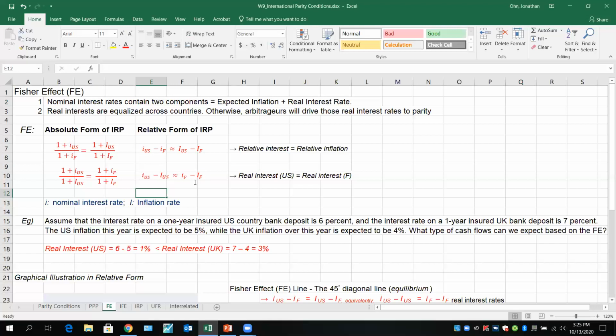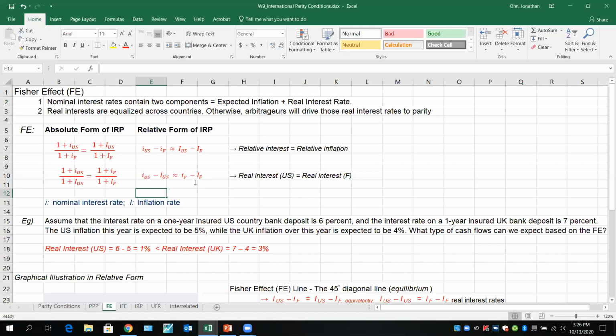Again, in theory, in equilibrium, this real interest rate is equalized across countries. Otherwise, arbitrageurs will drive the real interest rate to parity.